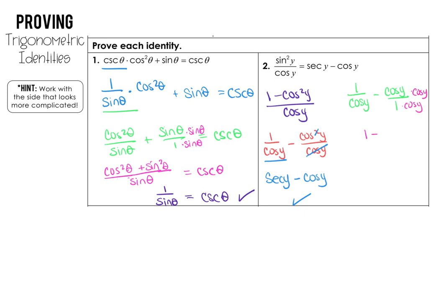So in the numerator, I have 1 minus cosine squared. In the denominator, I have cosine. My Pythagorean identity tells me that 1 minus cosine squared is just sine squared. My denominator is cosine, which is what I was trying to get that side to look like. You could have done either side. It does not matter, whichever is easier for you to do.